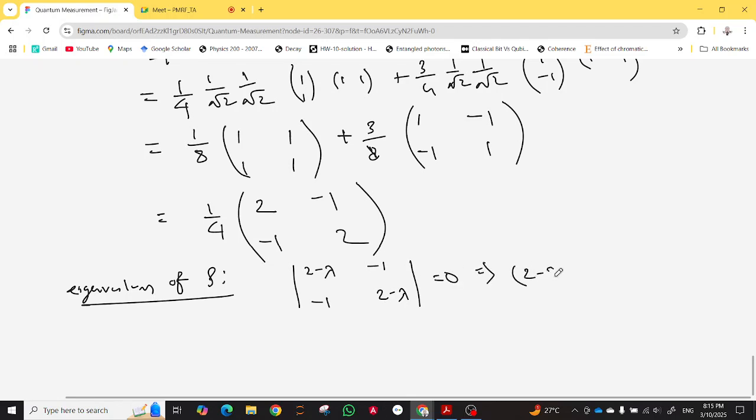This will be (2 minus lambda) squared minus 1 equals 0. Something is wrong in doing it. The factor of 4 is there, I'm missing this. Sorry.